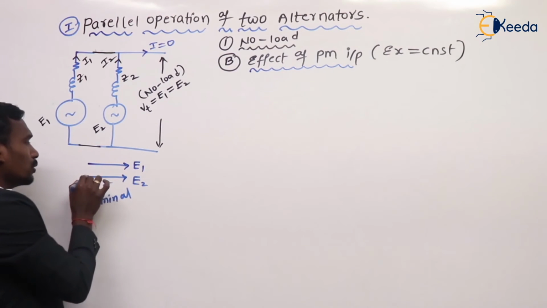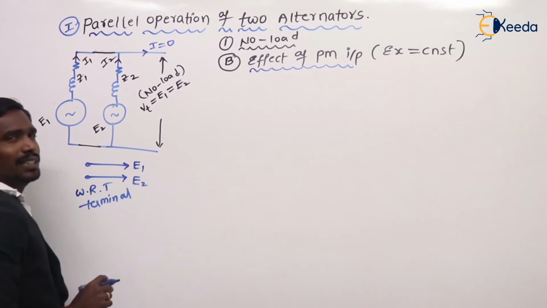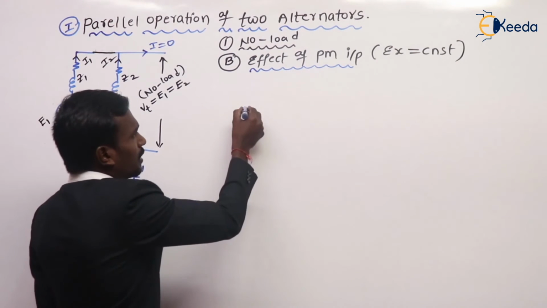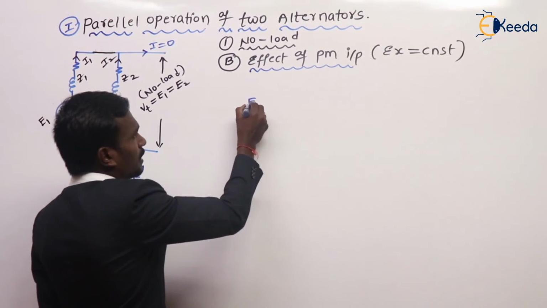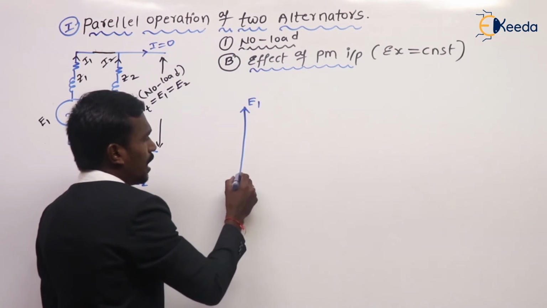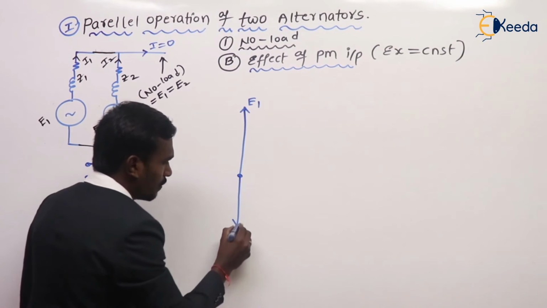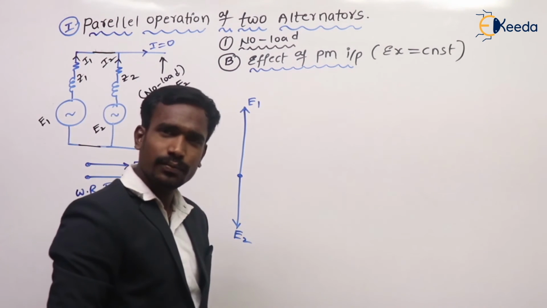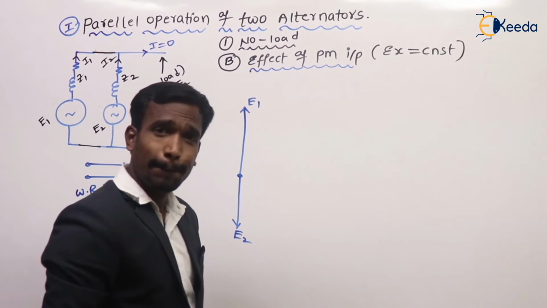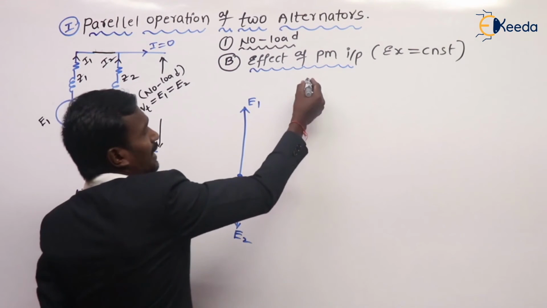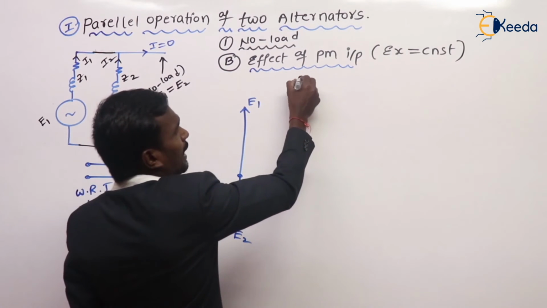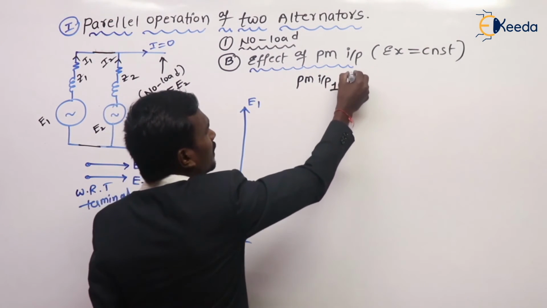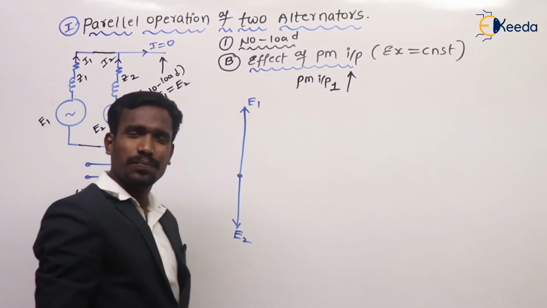And with respect to terminal, both are in phase with each other. For example, this is my E1 and this is my E2, the second EMF. Right. Now, what I am doing here: the prime mover input of machine 1 increases.